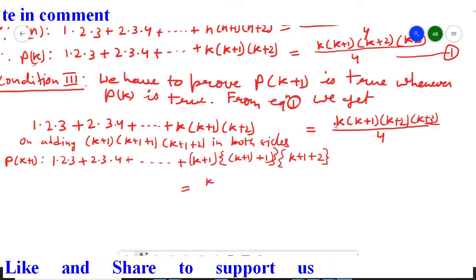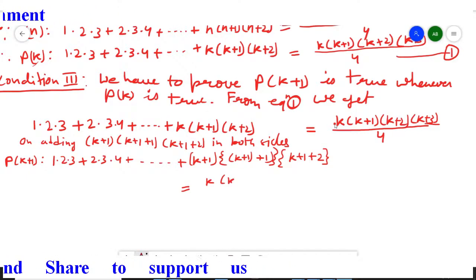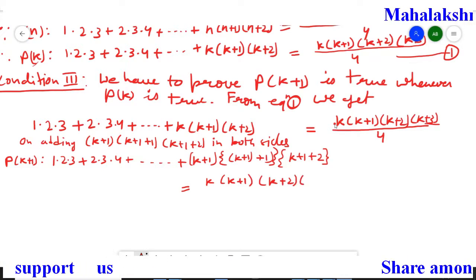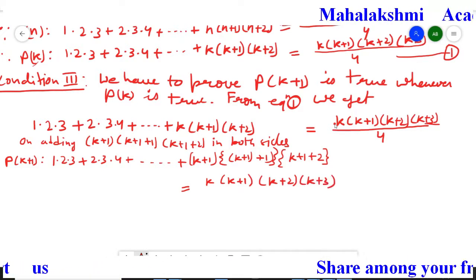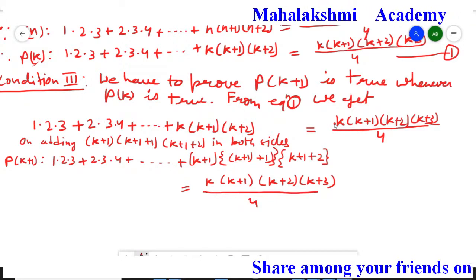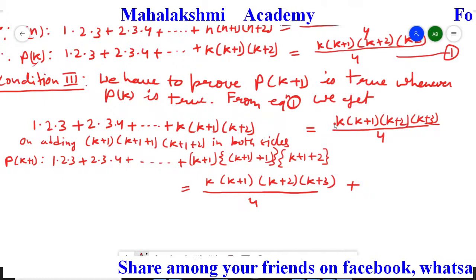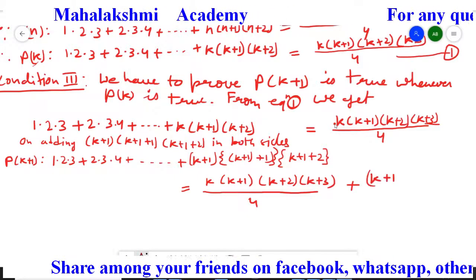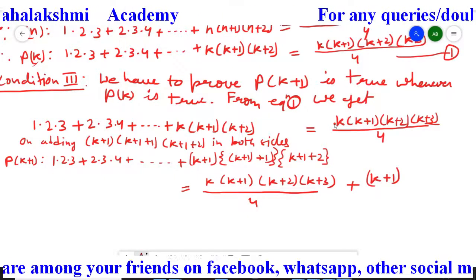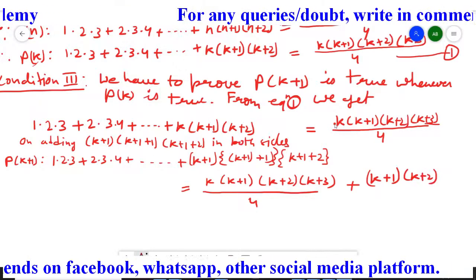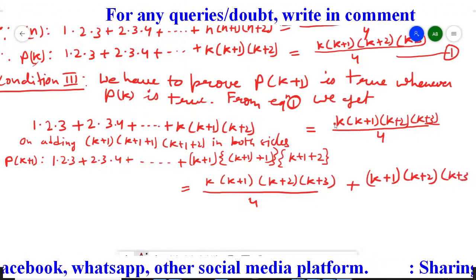First, whatever is here, just write down: that is k, then k plus 1, k plus 2, then k plus 3 as it is, divided by 4. Now here we have to add this, so we write k plus 1, and when you add it, what are you going to get here, k plus 2, and then k plus 3.